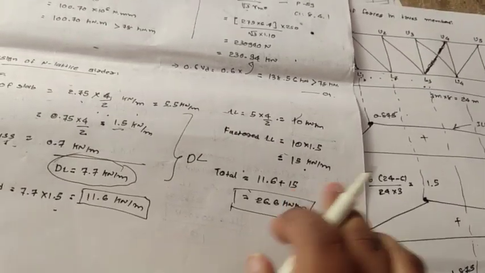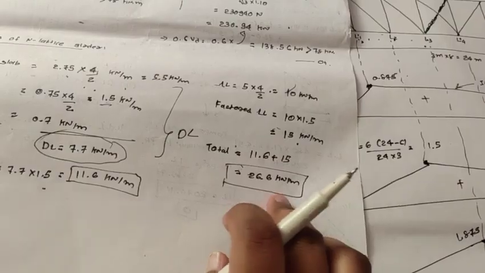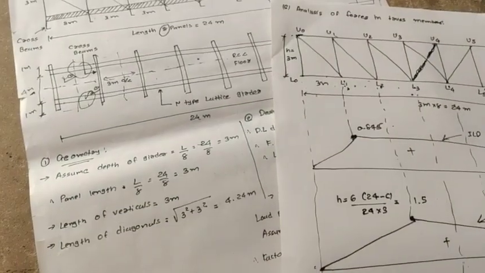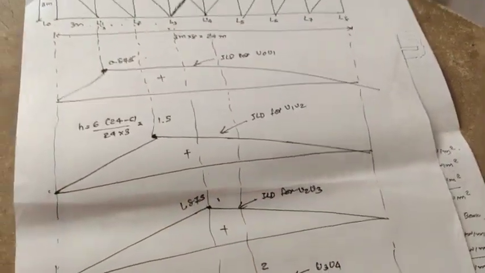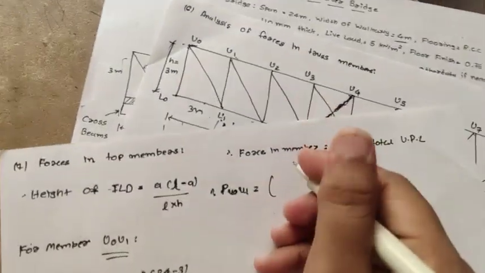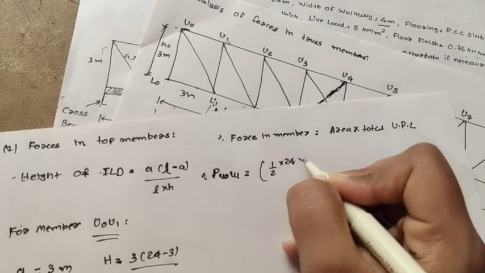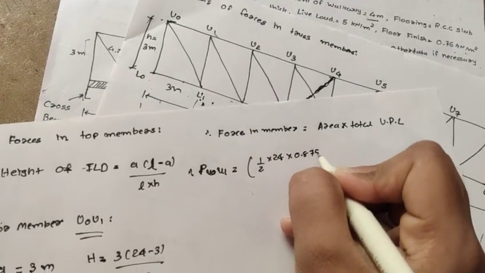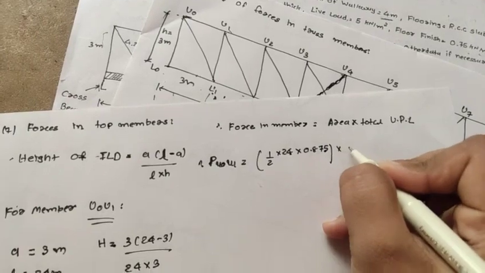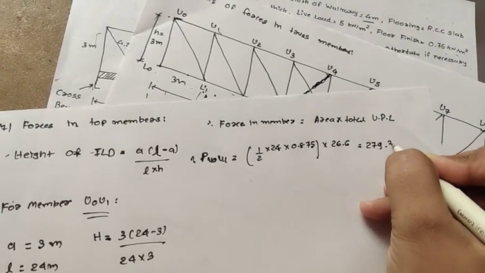So we take all the examples on the basis of this UDL. We put the equation 1/2 multiplied by 24, the base, multiplied by the height 0.875, multiplied by UDL 26.6. So the answer is 279.3 kilonewton.